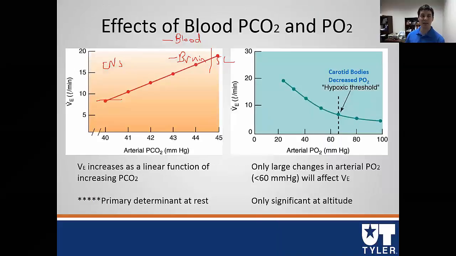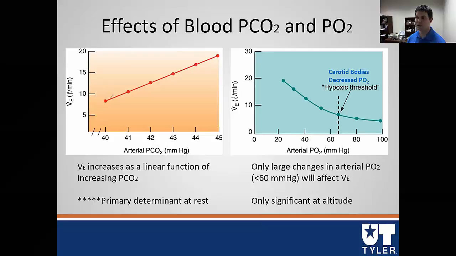So if we look at the effects of blood partial pressure of CO2 and oxygen. Okay. So here we can see that as arterial PCO2 increases in millimeters of mercury, you'll note that normal is 40 millimeters of mercury on the arterial side.